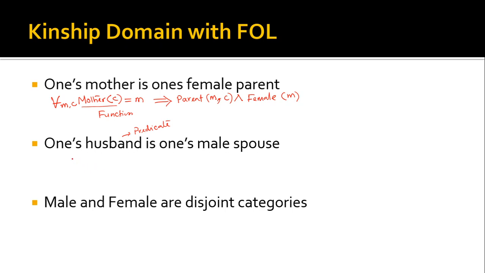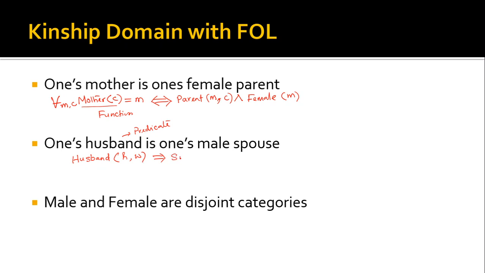So you have a husband relation, with one husband and a wife. The other way would also be true, if you think a little bit. First of all, they are spouses of each other.